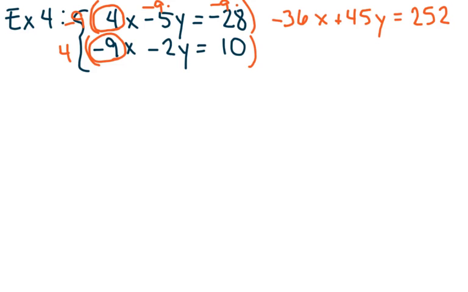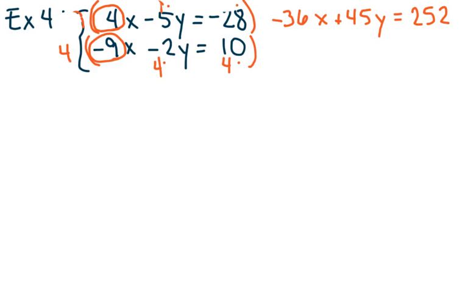Then I'm going to multiply everything on the bottom by 4, and we get a -36x. So I just realized what I should have done, instead of multiplying the top by -9, I should multiply by +9.